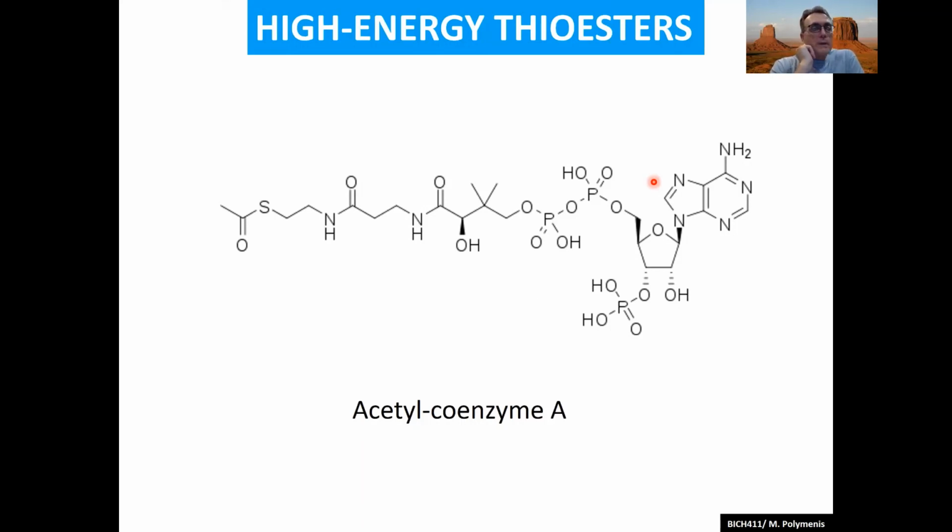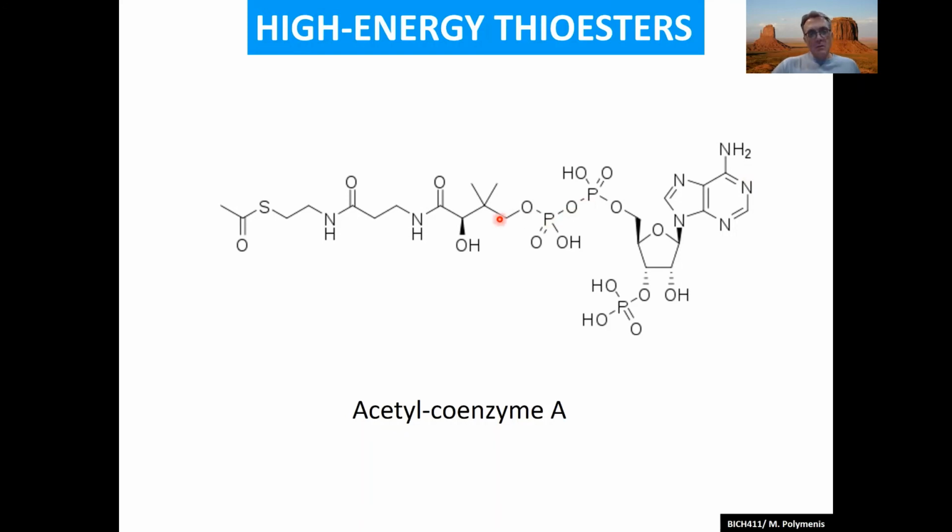In fact, a super ancient one is acetyl-coenzyme A, which we're going to see a lot also in this class. So the coenzyme part, it's a long and complicated molecule. You can see some similar modules like we saw in ATP. There is the ribose, there is the adenine, reflecting some ancient origins of all these things.